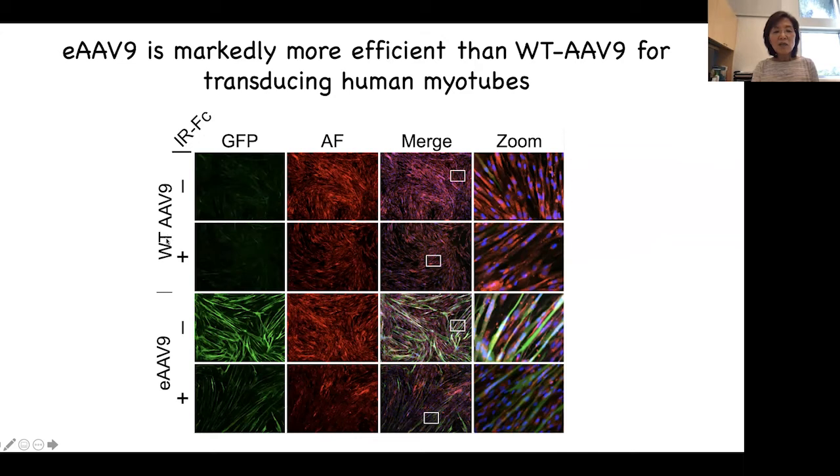So wild type AAV9 barely transduced these cells, and EAV9 dramatically better, and IRFC inhibited that transduction, and autofluorescence is shown to show cell density. And interestingly, this EAV9 was very specific for myotubes.